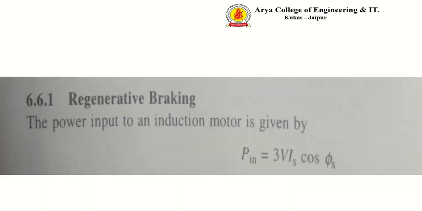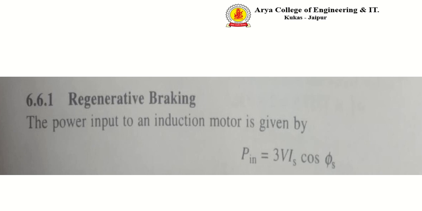Now we start with regenerative braking. Regenerative braking is explained in two ways. First, depending on the phase angle. The power input of an induction motor is P equal to 3 V I cos phi, where 3 is for the three phase supply and phi is the phase angle between the stator phase voltage and stator phase current.